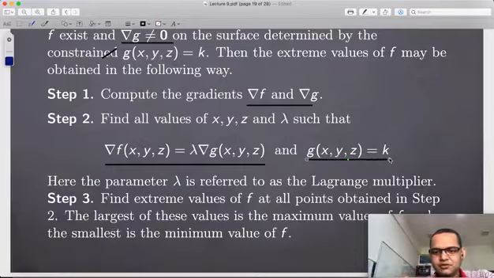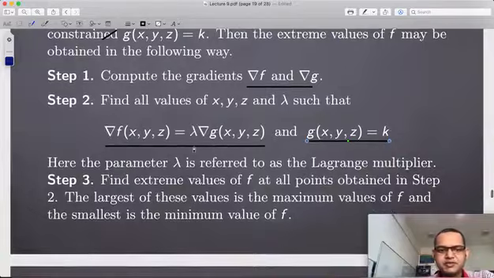Now these are the 2 vectors, so when you put them equal, you are going to get 3 equations, correct? Because vectors have 3 components, and all 3 components have to match. There are 3 equations over here, and one more equation over here. And how many variables do we have? We have 3 variables plus 1, this lambda parameter. So we have 4 equations and 4 variables.